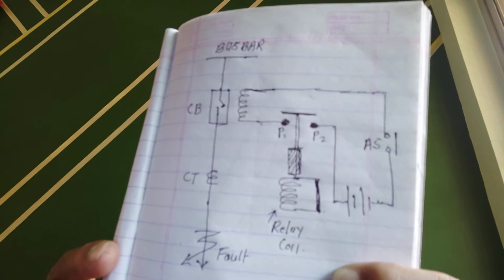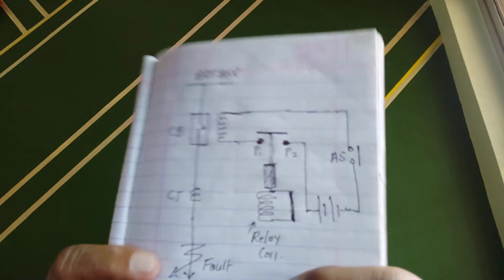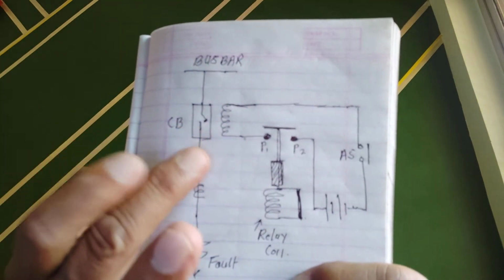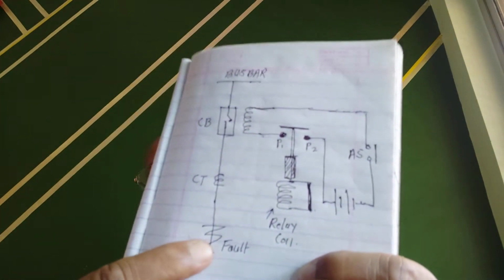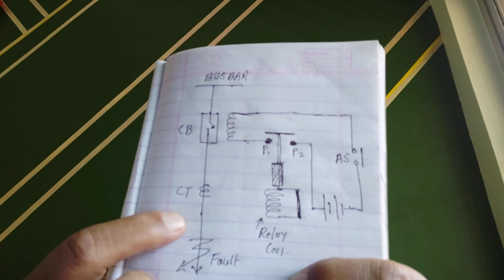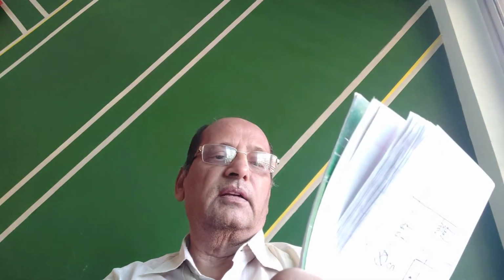So this is the relay, which is connected to the circuit breaker. This is the tripping coil of the circuit breaker. When a fault occurs, the current transformer sends that particular fault current, and this is given to the coil of the relay.